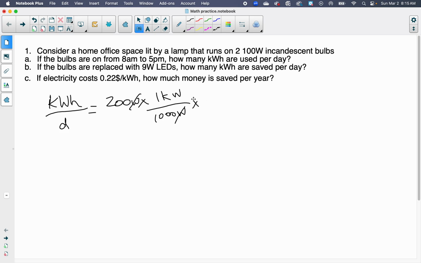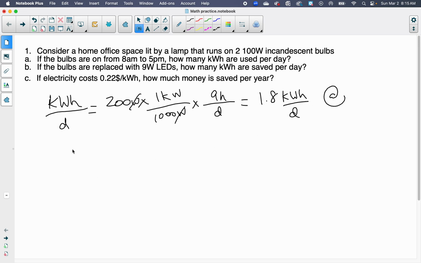So now I'm going to multiply across by the number of hours. That's 9 hours that are being used for every day. So now I've got my kilowatt hours per day, and that will give me my 1.8 kilowatt hours per day for part A.